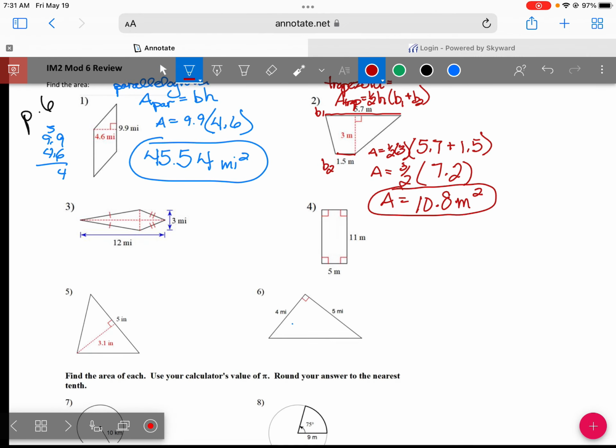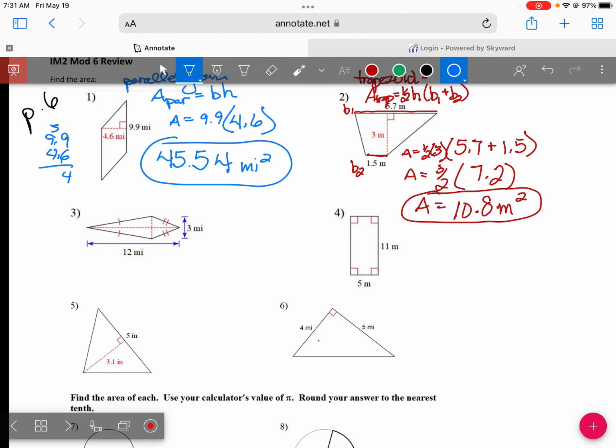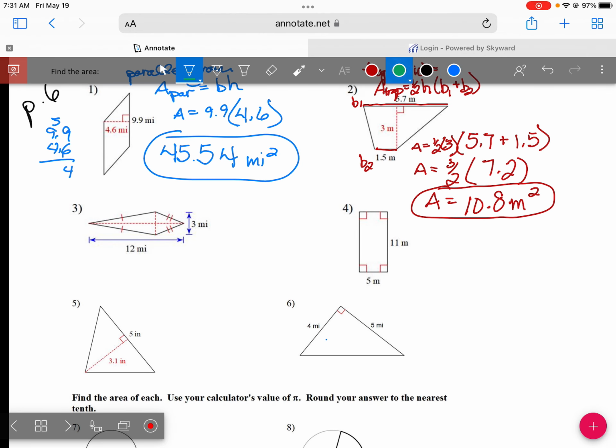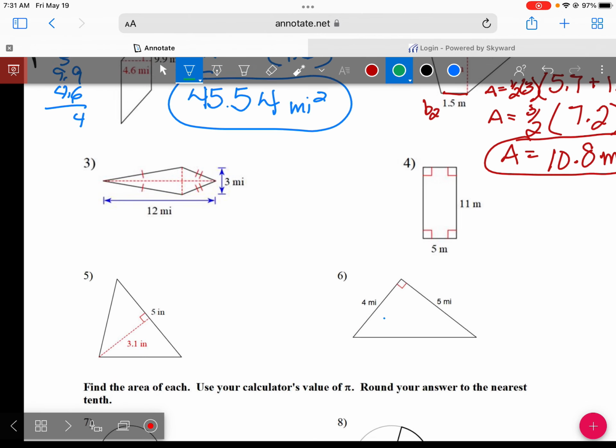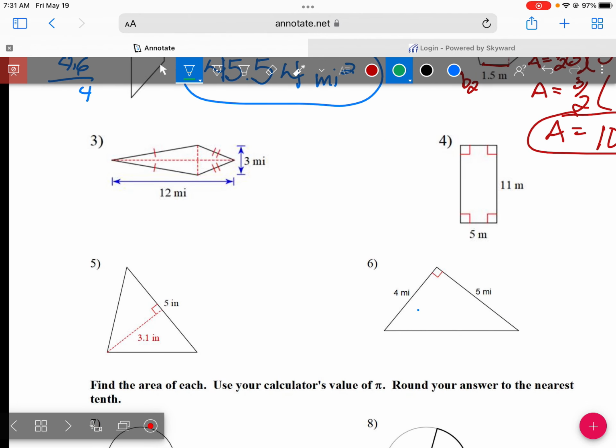All right, number 3. What kind of a figure is this? Something you might do on a windy day. Kite. Yes, you fly a kite on a windy day.